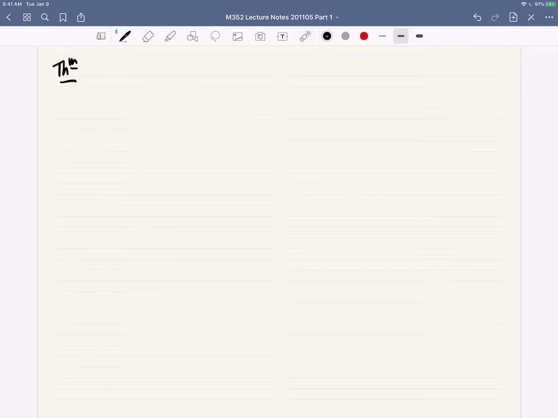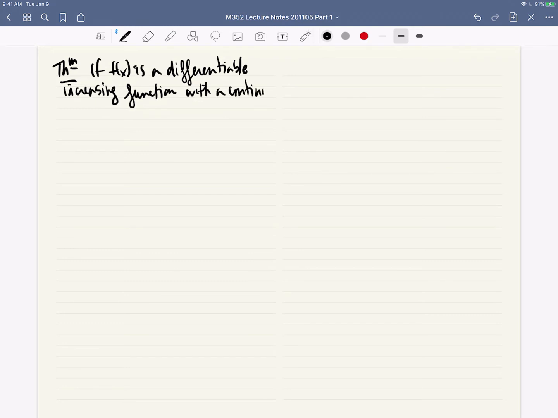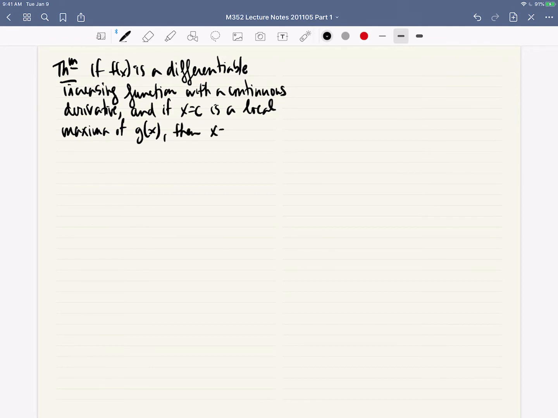So here's a theorem. It says that if f of x is a differentiable increasing function with a continuous derivative, and if x equals c is a local maxima of g of x, then x equals c is a local maxima of the composition.